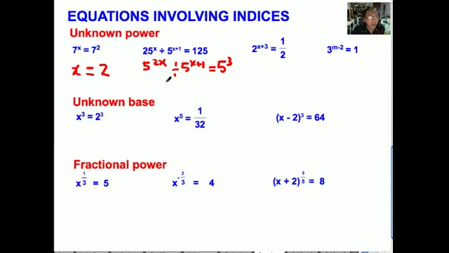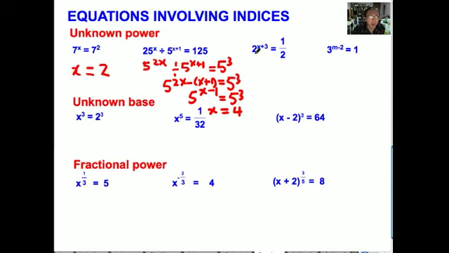Applying the law on division, we have 5 to the power of 2x minus x plus 1. Thus we have 5 to the power of x minus 1 equals to 5 to the power of 3. So once the bases are the same, we can equate the power, giving us x equals to 4.